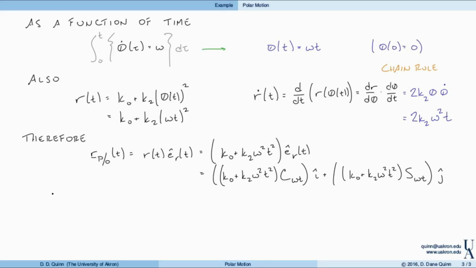And then, looking at the velocity of this particle, it is r dot in the ER direction plus r theta dot in the e theta direction.